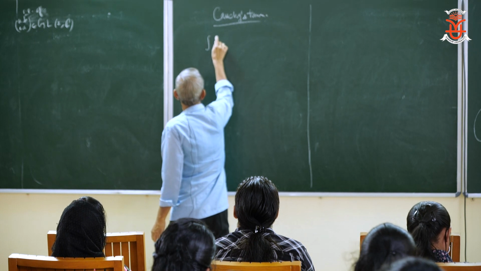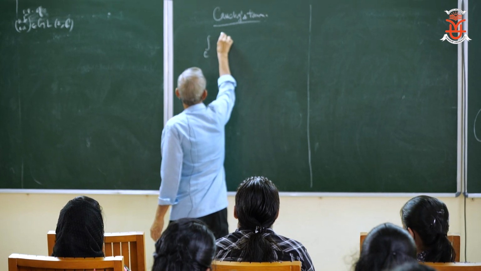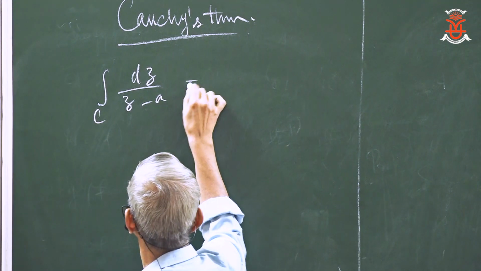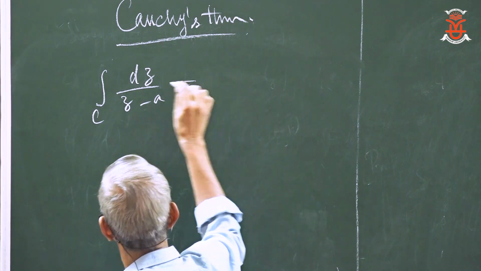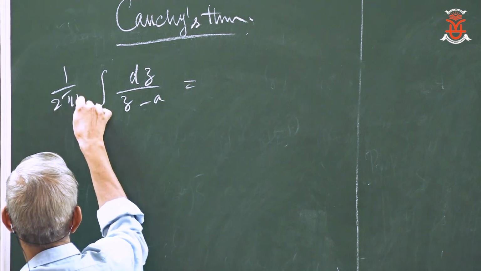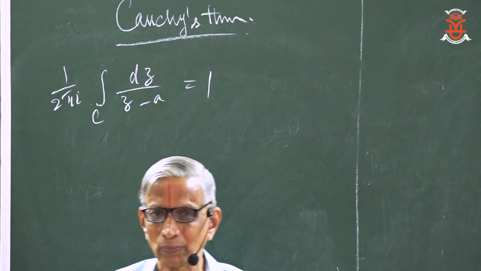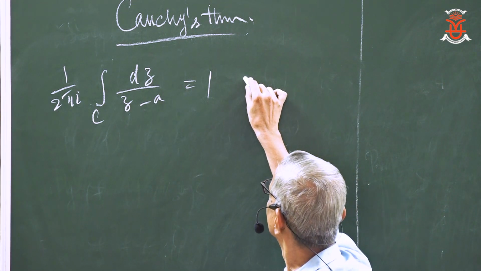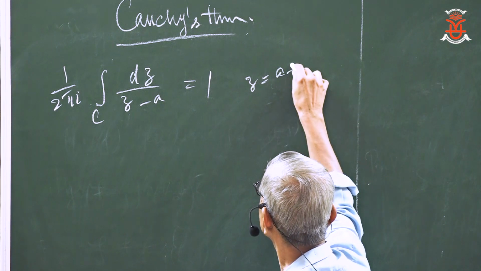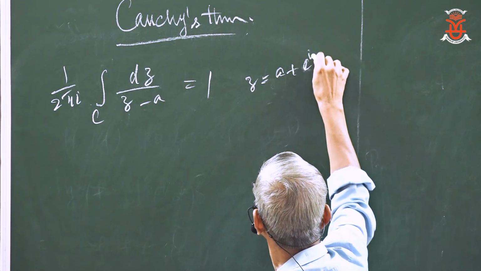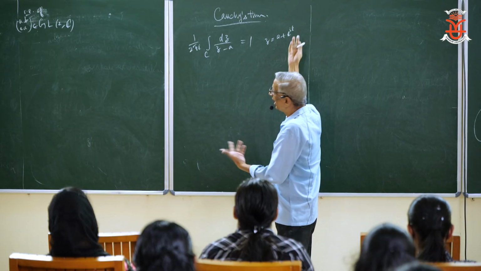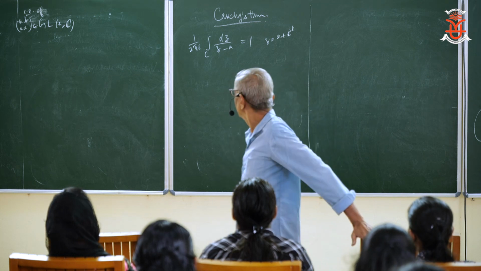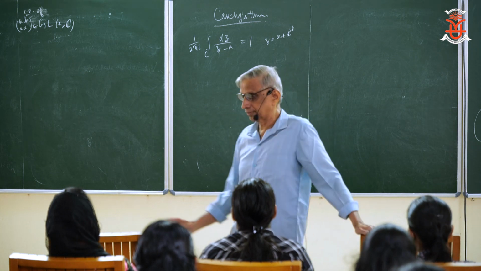So remember, the integral, or if you want to put a 1 over 2 pi here, when C is the circle, of course of radius R, it doesn't matter, some circle around A with radius 1.